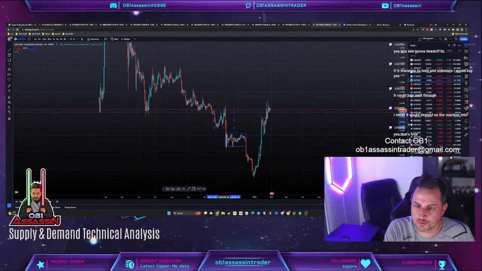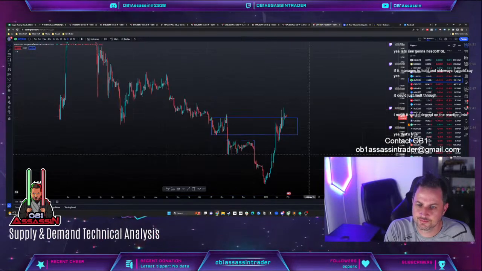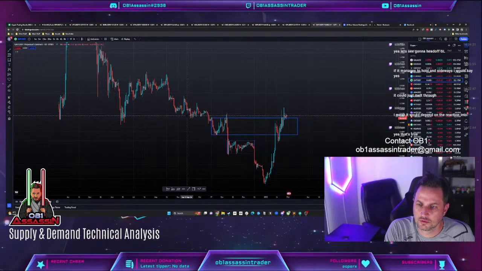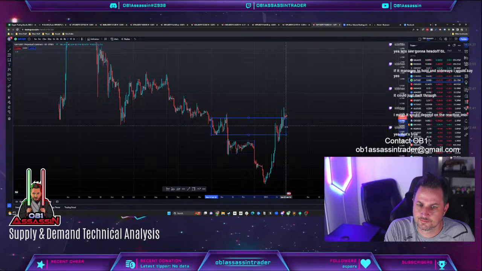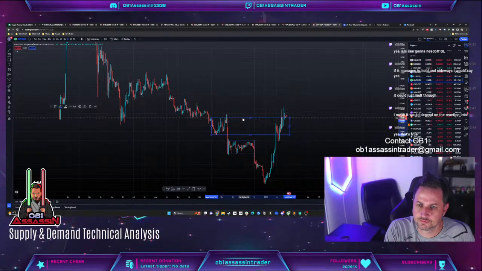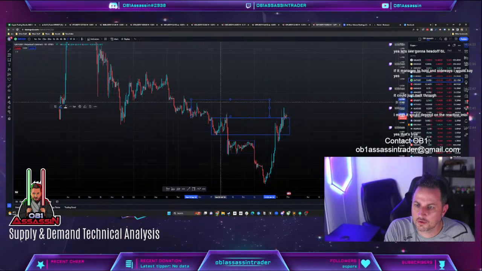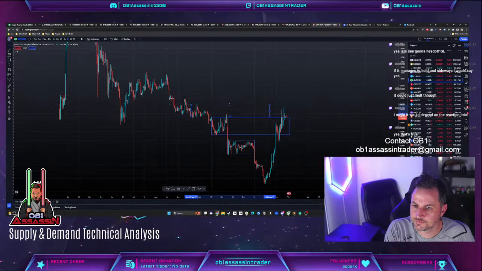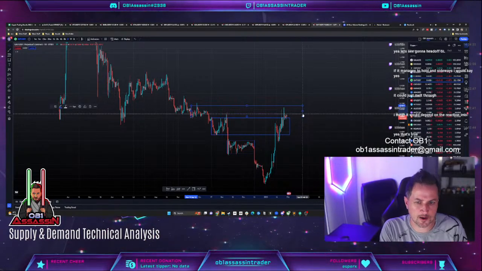Support zone there, resistance up there, which we've broken. And another key support resistance zone up here, which we're kind of in right now.